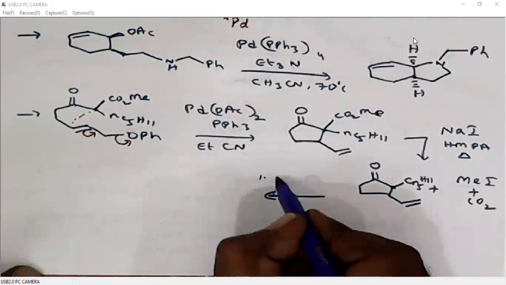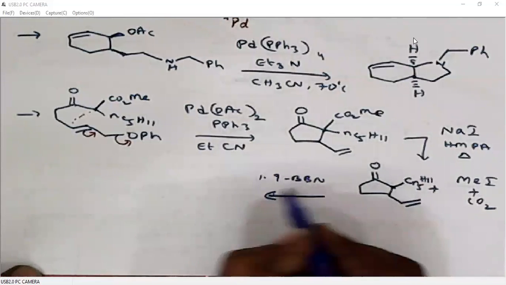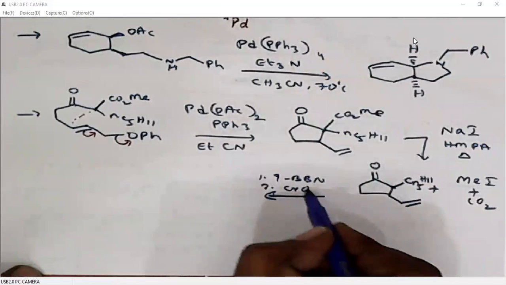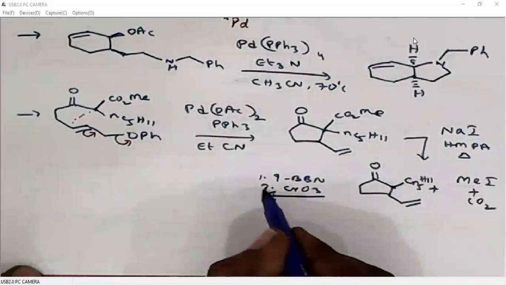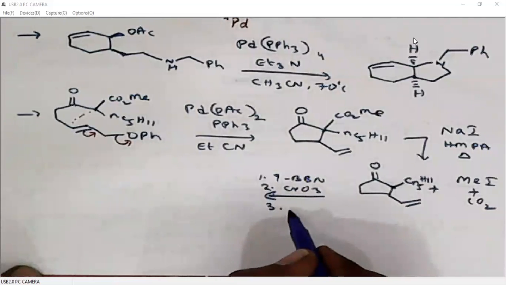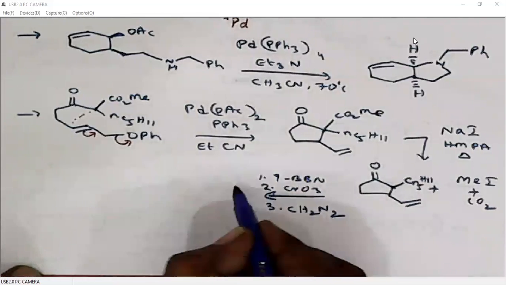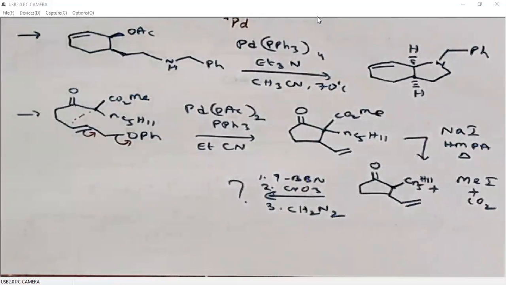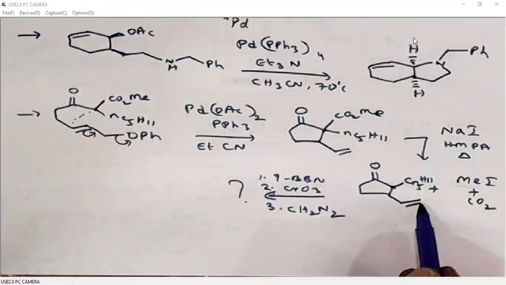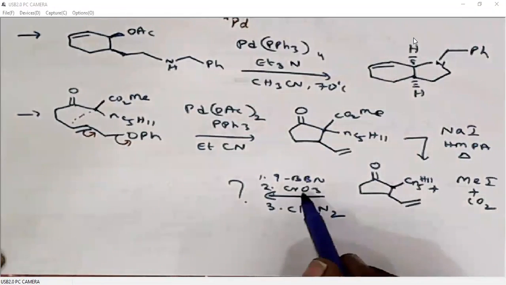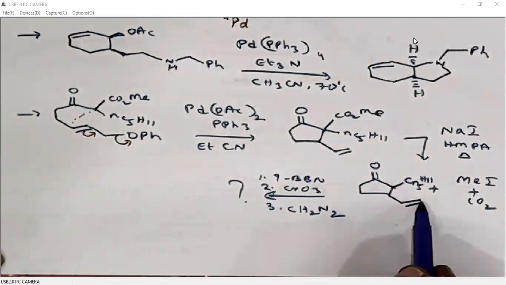Now it is treated with 9-BBN followed by chromium trioxide oxidation and then diazomethane treatment. What is the product? 9-BBN attaches to the less substituted carbon. Chromium trioxide oxidizes this organoborane to the alcohol first, and because it is a strong oxidizing agent, it further oxidizes this alcohol to a carboxylic acid.